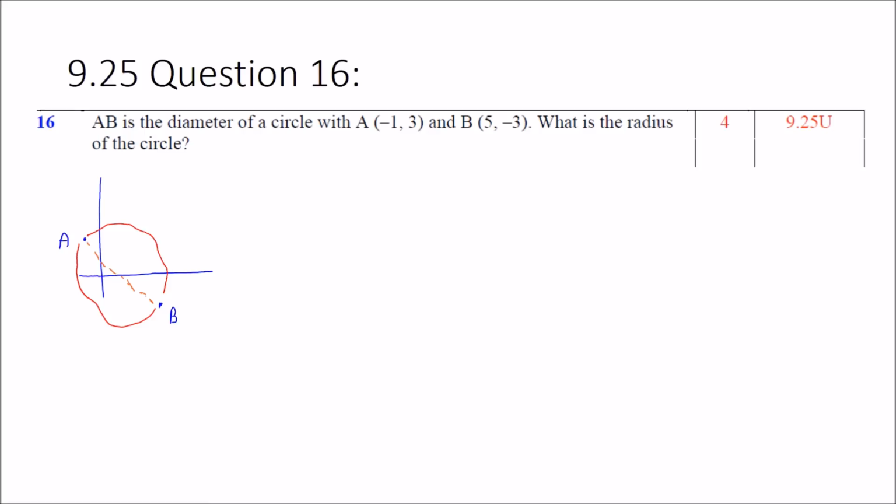Okay, so the straight line between two points, remember that is just the distance between two points. So there's nothing too tricky in this question in terms of the math. All we've got to remember is that AB is just the distance formula. So again, it's the rise squared plus the run squared.